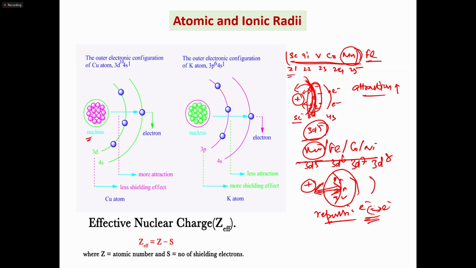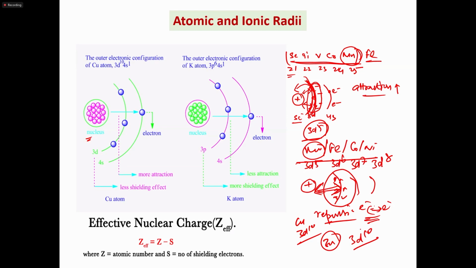When we go to copper and zinc, again the repulsion is higher. Copper is a 3d10 system, and zinc is also a 3d10 system. Here the repulsion factor is more dominant than the attraction factor.